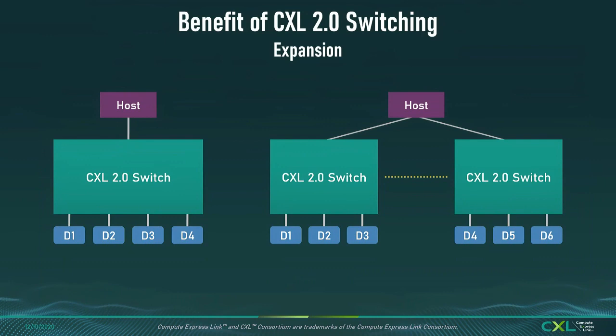Now switching does increase the latency, but it provides the trade-offs for a system designer to balance the needs between bandwidth, connectivity, and latency. So for example, a switch may be a great way to aggregate bandwidth over multiple persistent memory devices, where an increase in access latency may be acceptable.